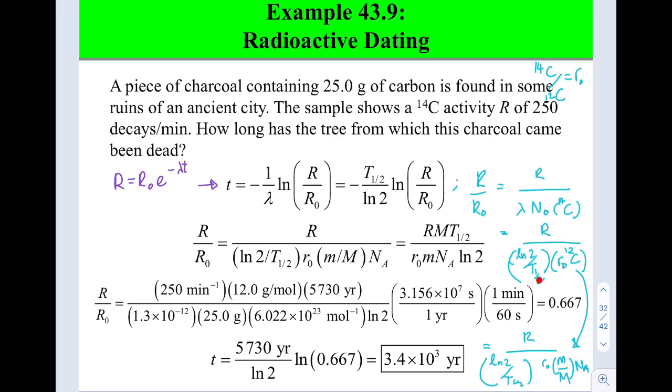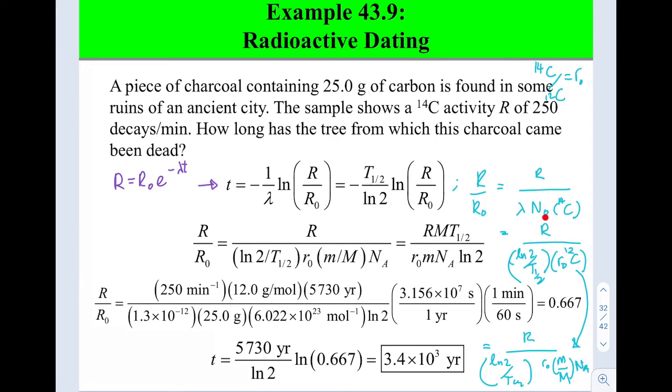Lambda itself is again ln 2 over T half. And N naught of carbon 14 must be R naught times the number of nuclei for carbon 12. The number of nuclei within carbon 12 can be figured out by the mass of the carbon 12 over its molar mass, times Avogadro's number.